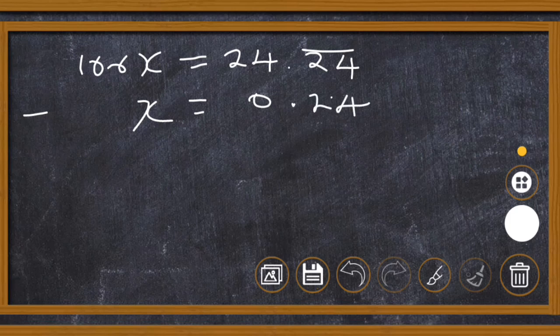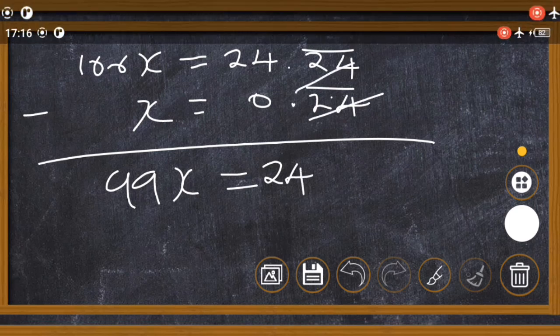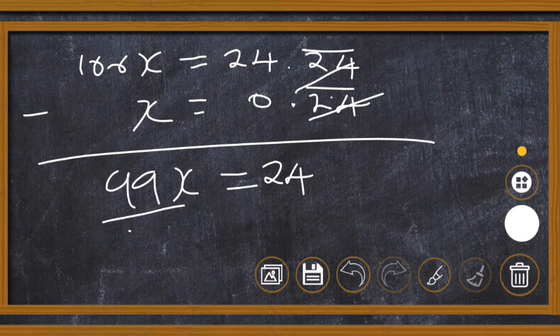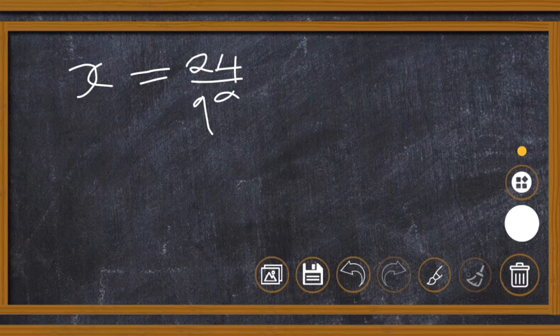0.24. So when we subtract 100x minus x, we are going to have 99x, which of course is equal to 24 minus 0 is 24. And then this is just going to cancel each other. So in this case, let's divide 99 to both sides. Here we are just going to remain with x, so it's going to be x equal to 24 over 99.